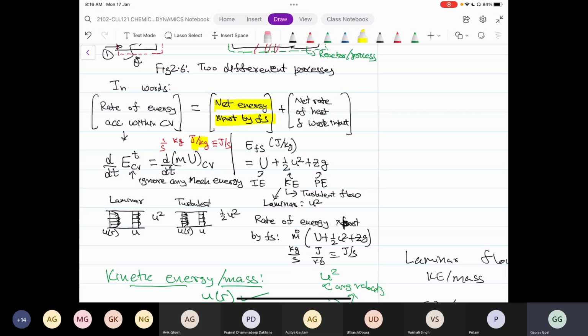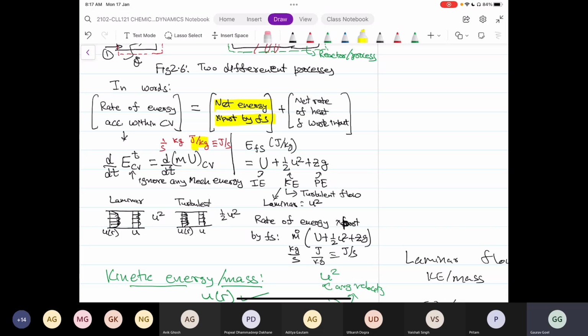And that we are further saying is composed of three contributions. The flow stream has its internal energy. Further, because of its velocity, the flow stream has a kinetic energy. And depending on where it is entering the system, it can have a potential energy component also. So U plus half U square plus Z times G gives me the total energy of the flow stream per unit mass, joules per kg.